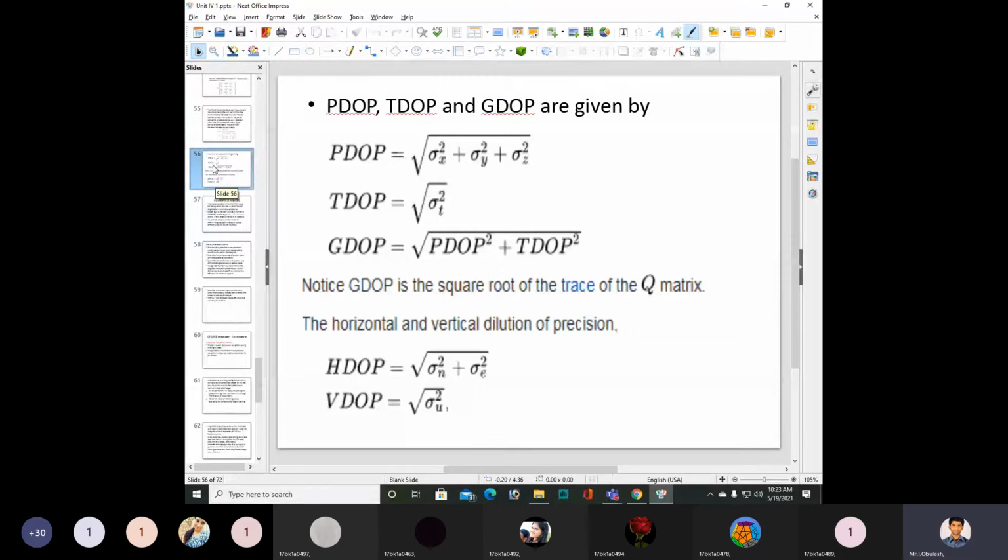Vertical dilution of precision is equal to the square root of sigma u square.